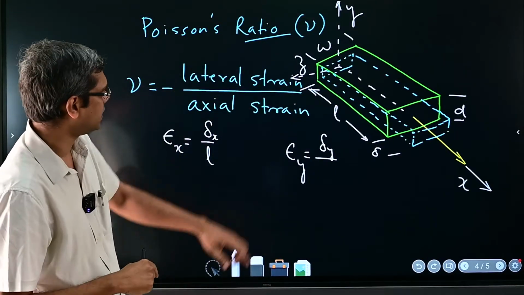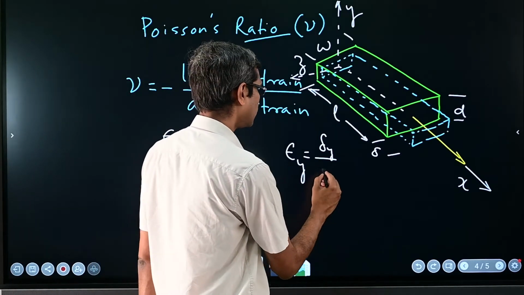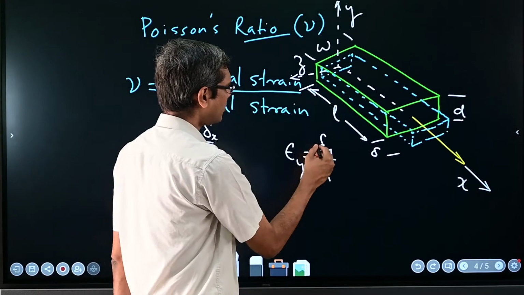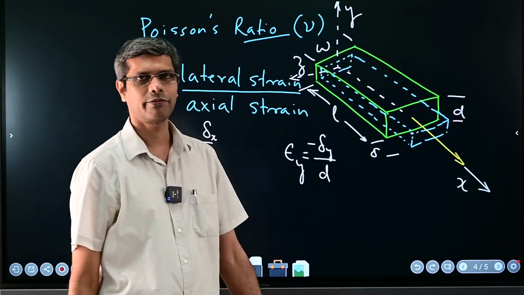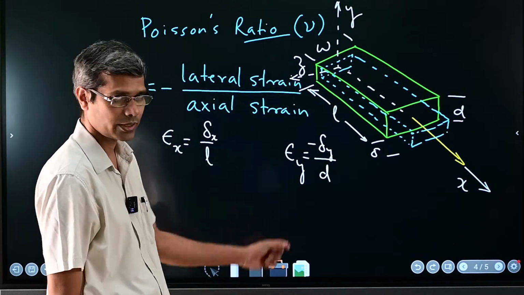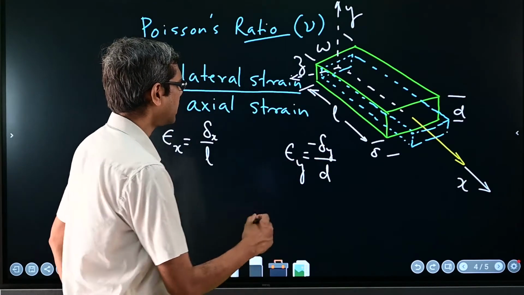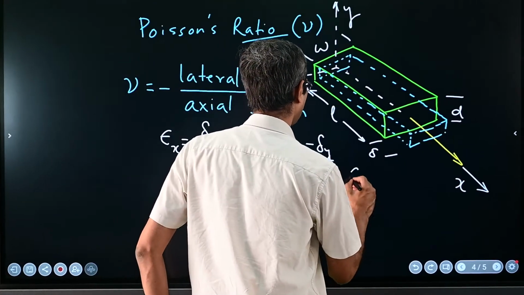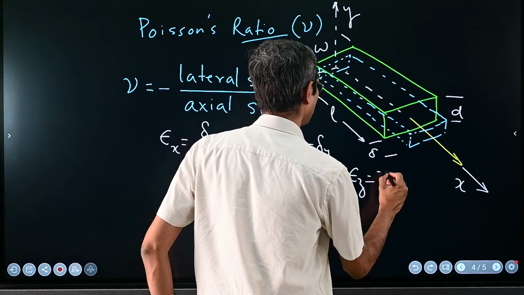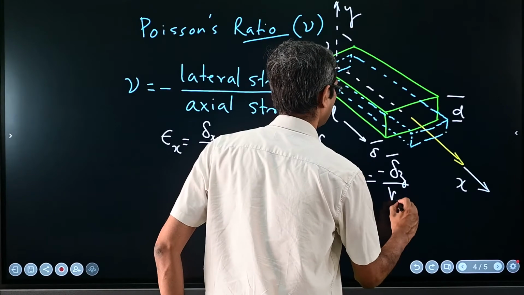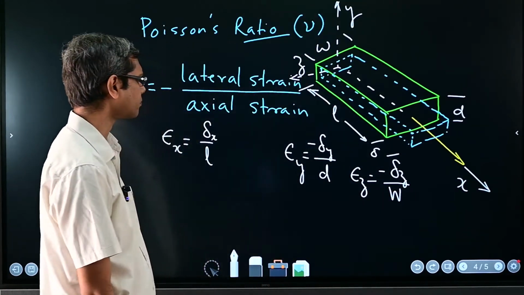So y direction is corresponding to d, so this is your d, and because it's a compression, a negative sign should be there, okay. So delta y is a compression, and exactly in the same way epsilon z will be negative of delta z divided by w, the width.